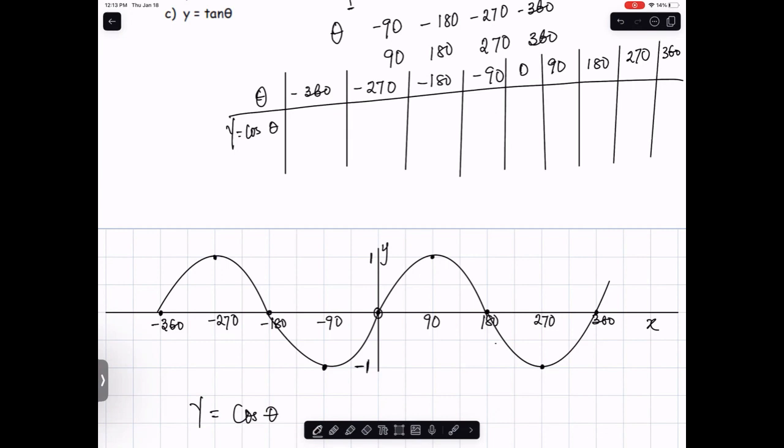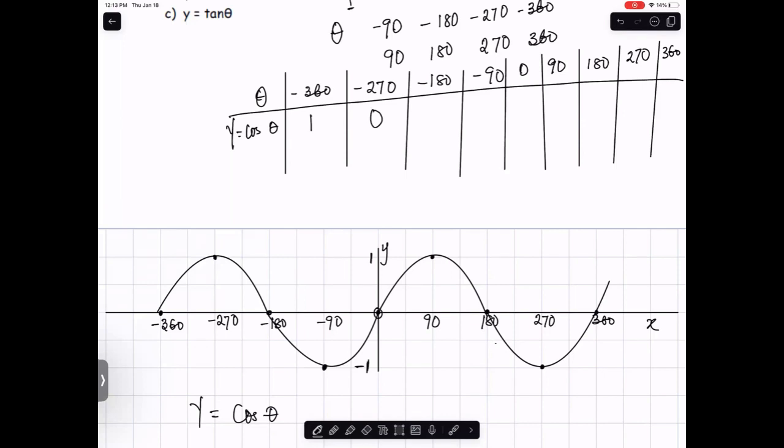So the first one we have there, we have cos negative 360, gives us 1. Then next we have cos negative 270. It gives 0.